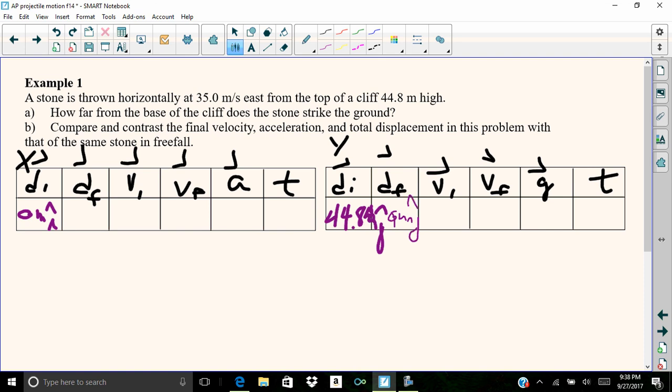I'm writing with my finger, so excuse me. Here's a question mark. We don't know what it is. The initial velocity here is 35.0 meters per second i hat. It's the same for both directions, so I write it right across the boxes. We know that this is 0 meters per second squared i hat. Are we given the time? No.